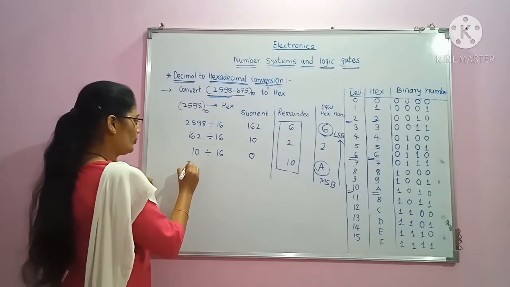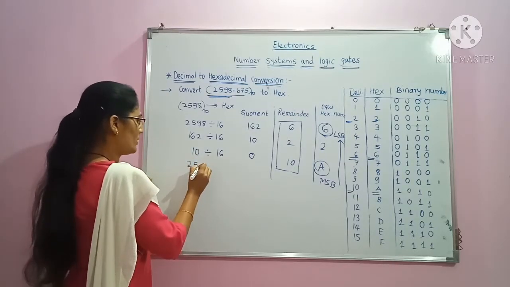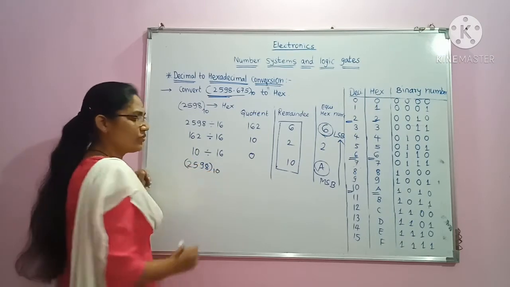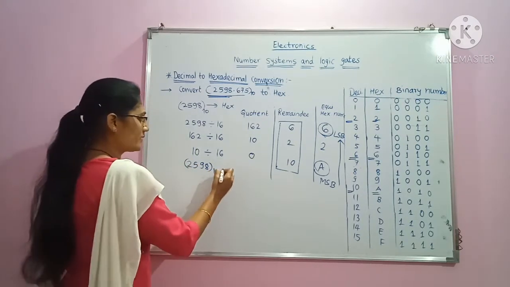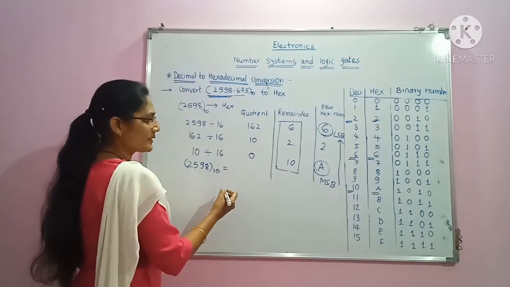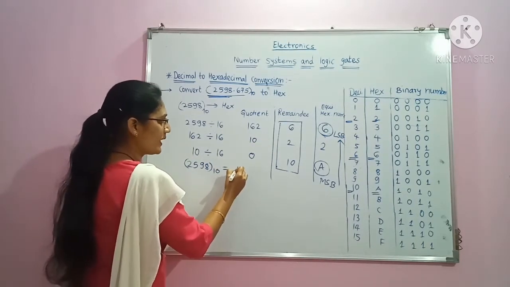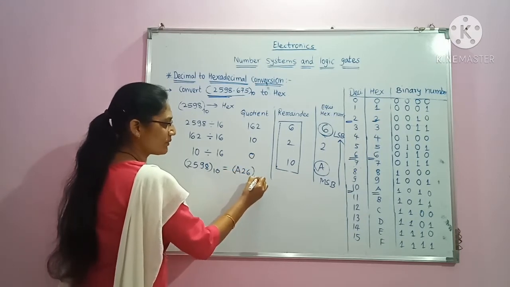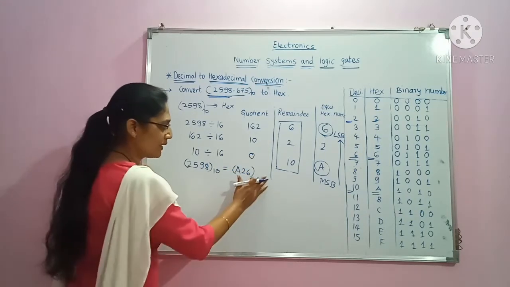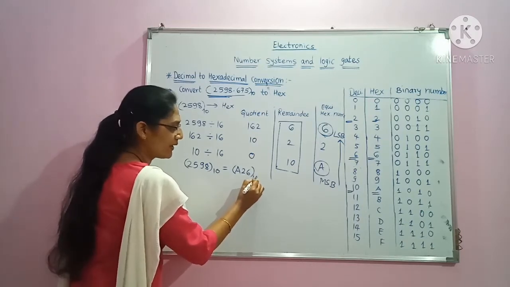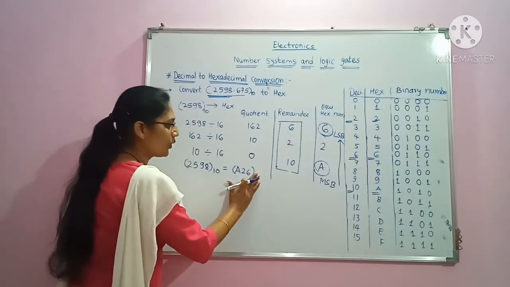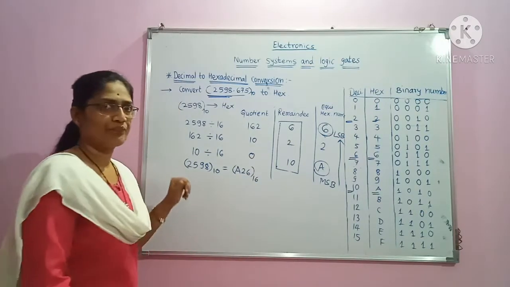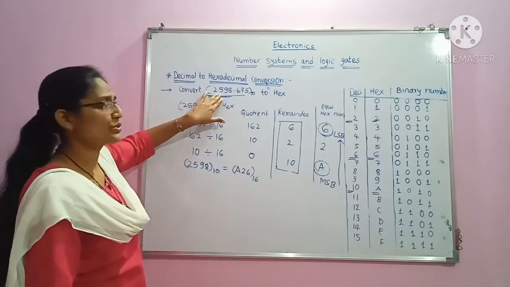So if my number is 2598 in its decimal form, then its corresponding hex number comes out as A26, and it is in hexadecimal, so I can write here 16 or I can write here H. So first part we have finished.